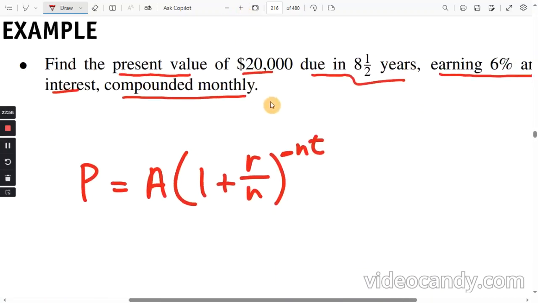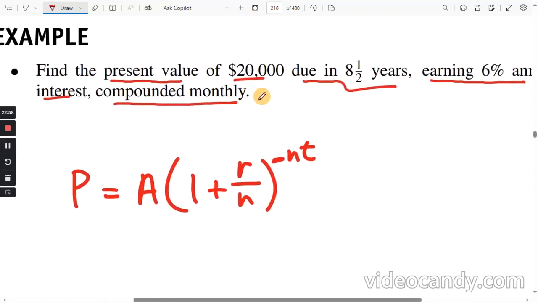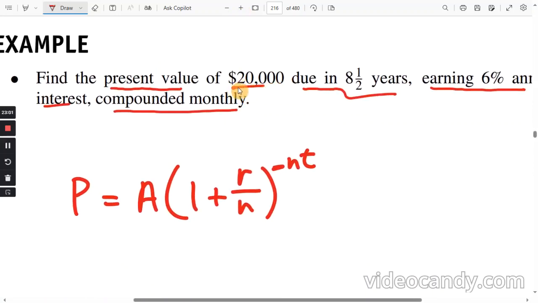The 20 grand is the value now, that's the current value, so that is your amount A. 8.5 years is the time T, so T is going to be 8.5.